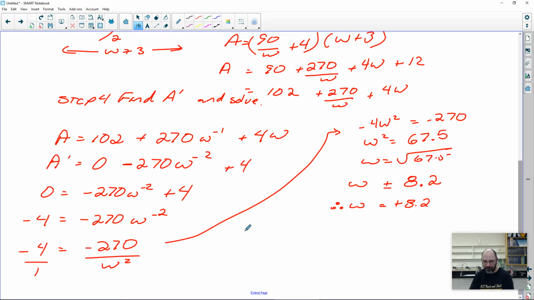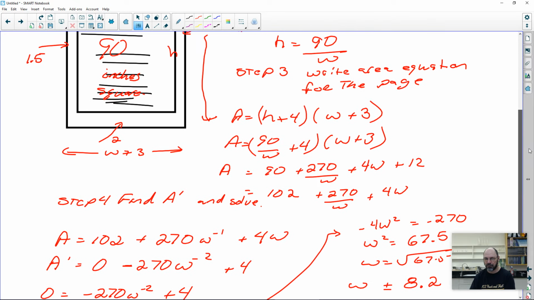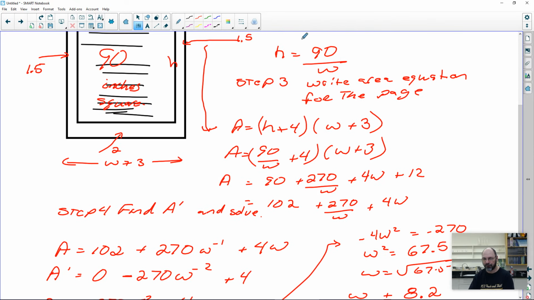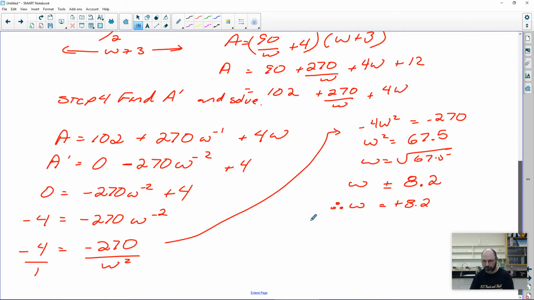Okay, and then we find L, or the height, not L. Sorry, we called it H for height. Now we find the height. Okay, so we found that the height was 90 divided by W, right? This one way up here. So now we find H equals 90 divided by W, which is 90 divided by 8.2.